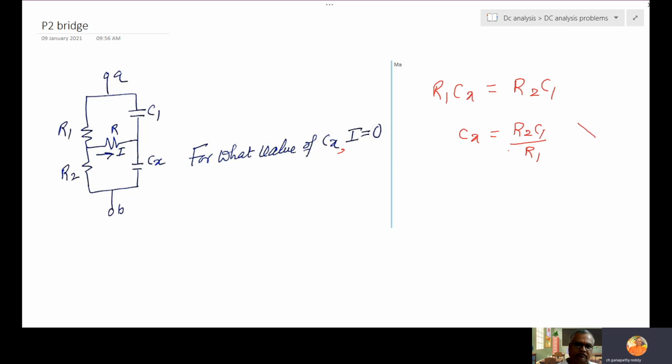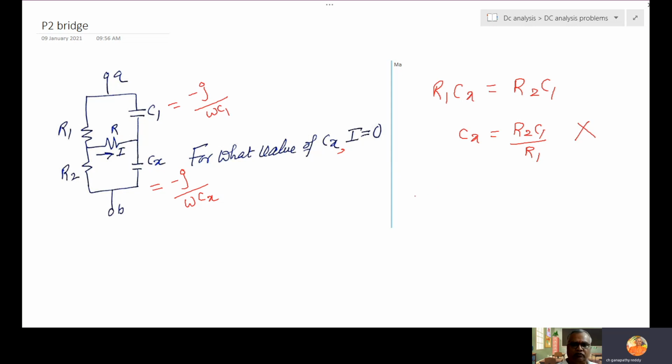This is the common mistake. Why it is a mistake is that the resistance is in ohms, but the capacitor values are given in farads. Ohms and farads you should not multiply. So these farads must also be converted into ohms, that is minus J by omega Cx, and this is also minus J by omega C1.